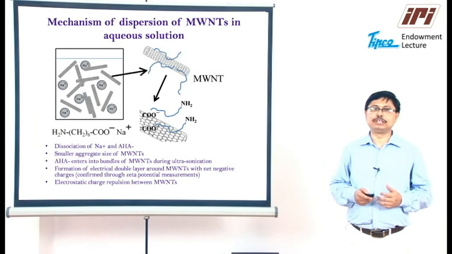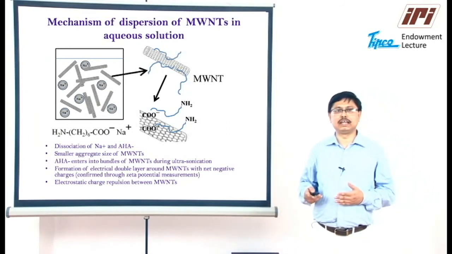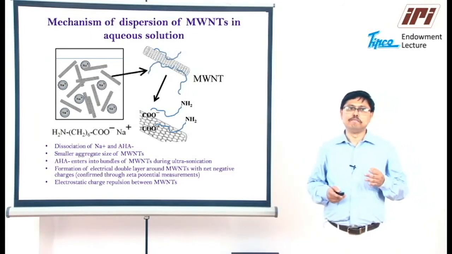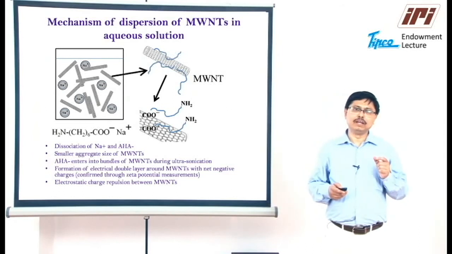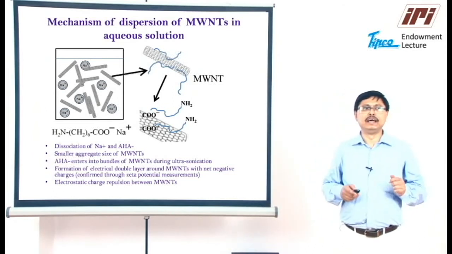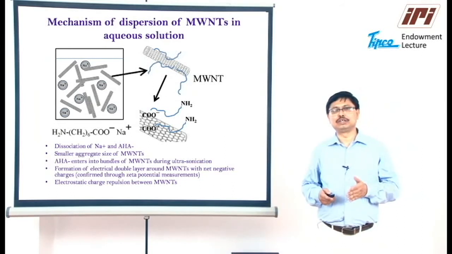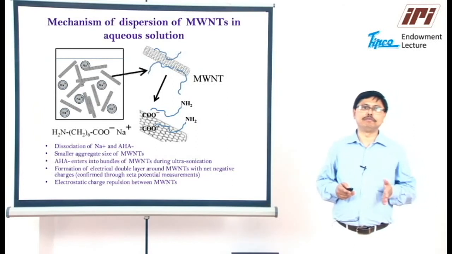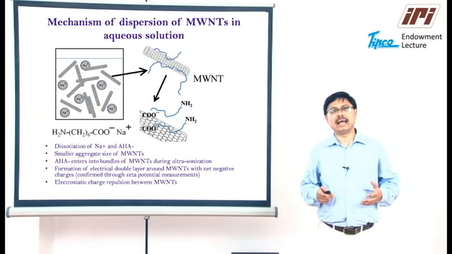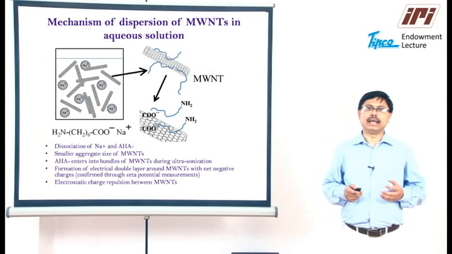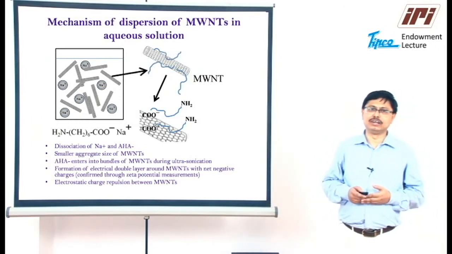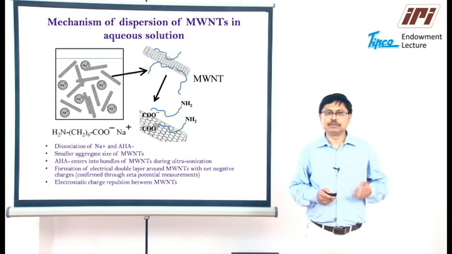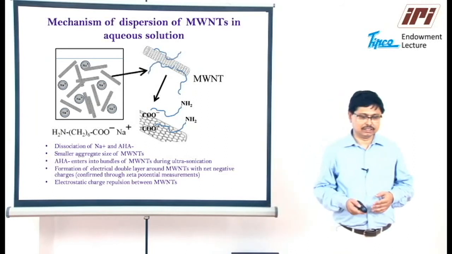But the main difference between classical surfactant-like materials and this material is that this material has a middle portion which is hydrophobic and both ends hydrophilic, as compared to classical surfactant materials, which have one end hydrophobic and the other end hydrophilic, and which form micelles beyond a certain concentration, which is not observed in the NaHA modified multi-wall nanotube composite material.